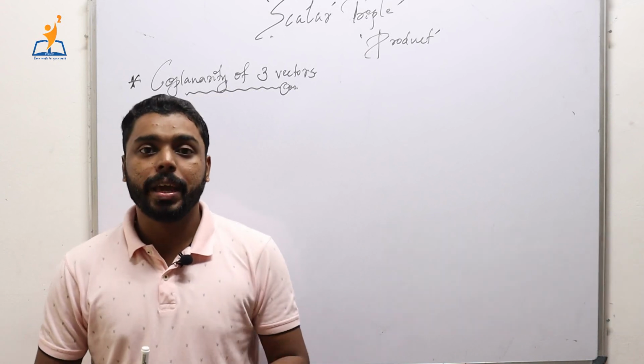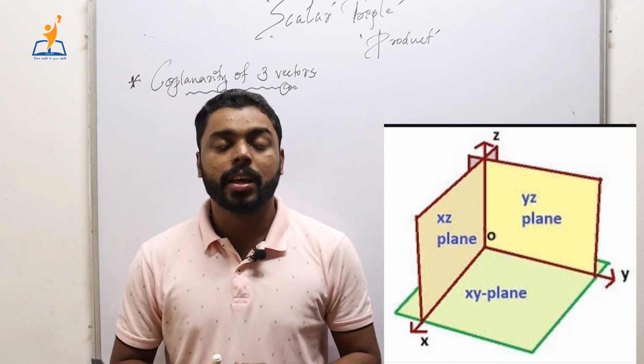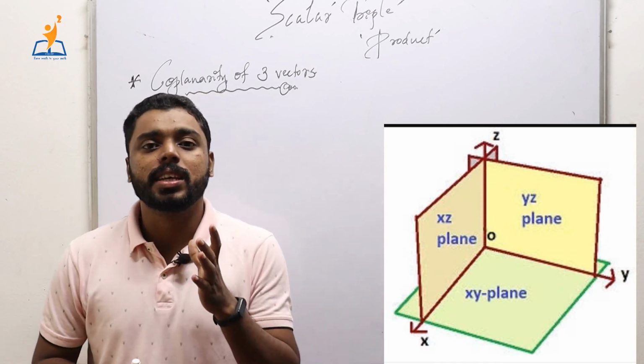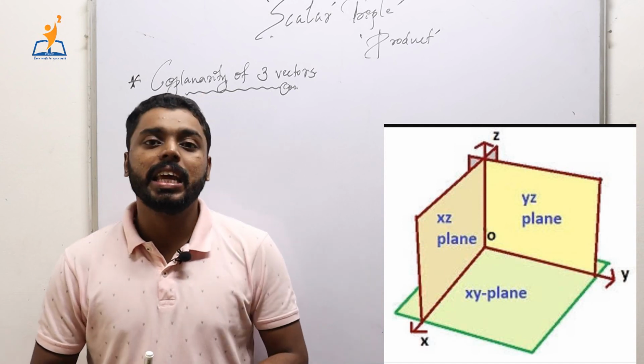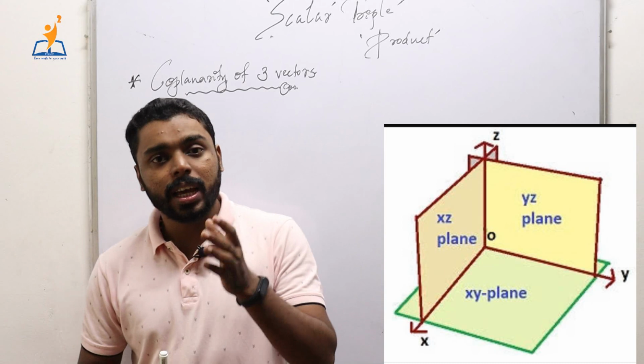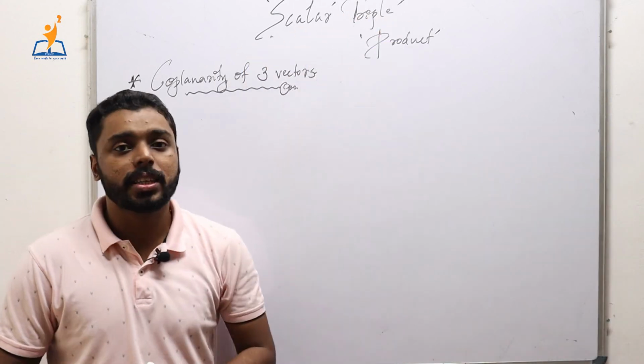We have three planes, namely xy plane, xz plane and yz plane. So whether these three vectors are lying in the same plane or not can be easily evaluated by using the scalar triple product definition.